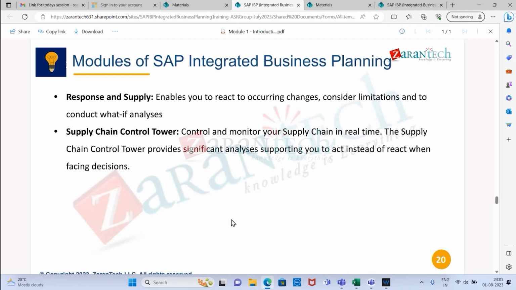And this would lead to capex investment, the capital expenditure investment decisions, and it will push the decisions to the top management team.